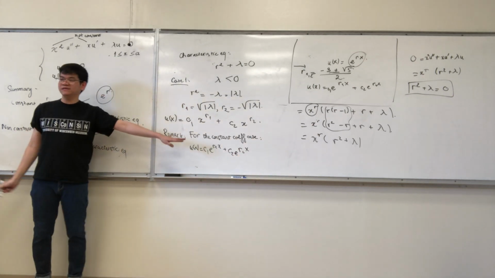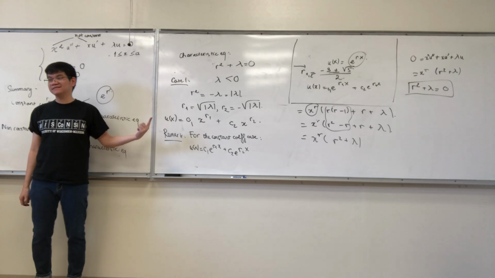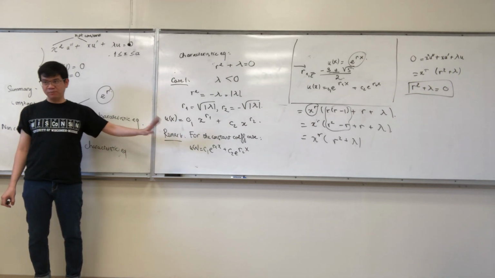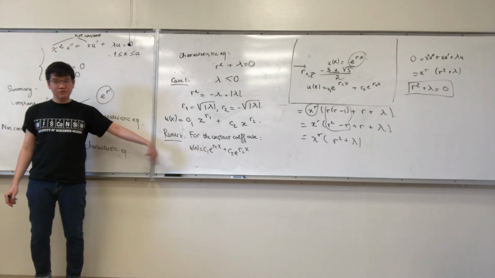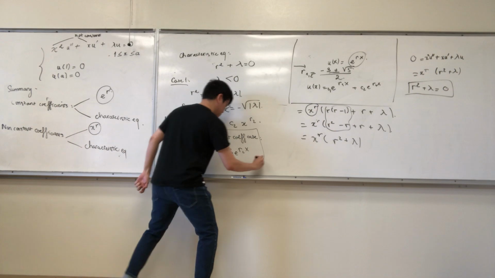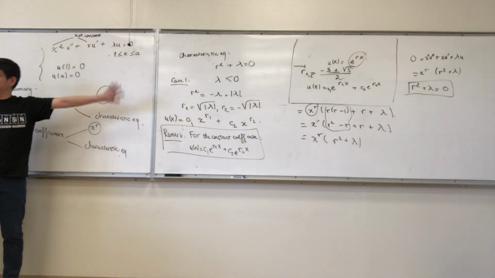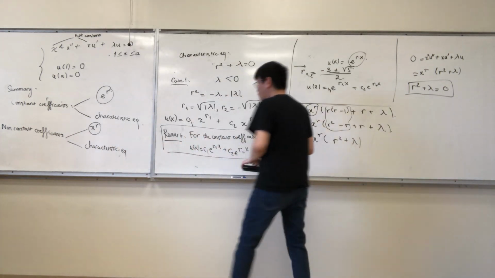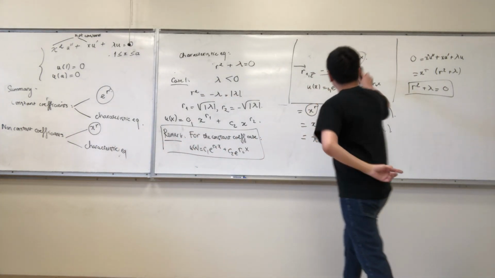So you need to replace only the exponential by x to the power, right? So you replace the exponential by the polynomial only, right? You can follow these questions. It's clear? Right, so now let us continue.